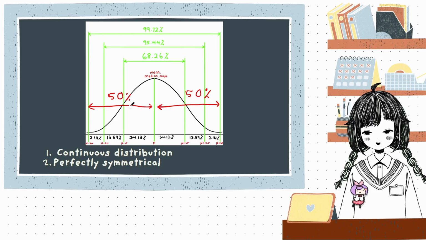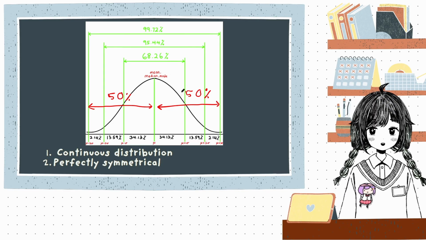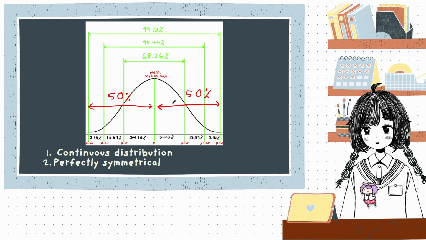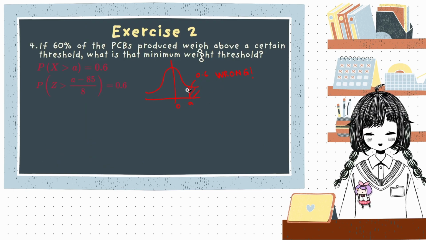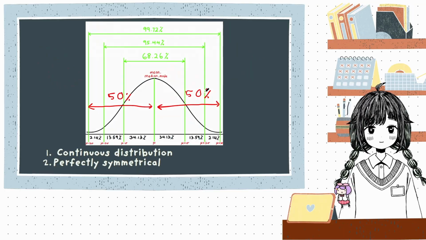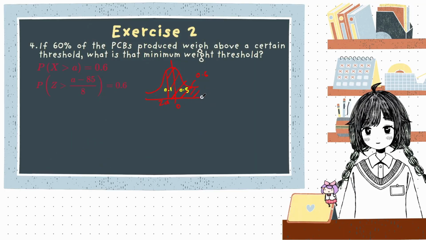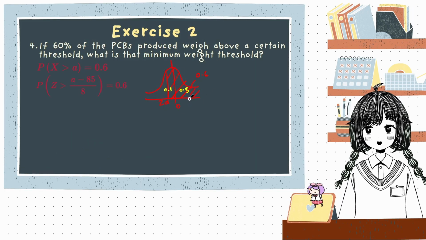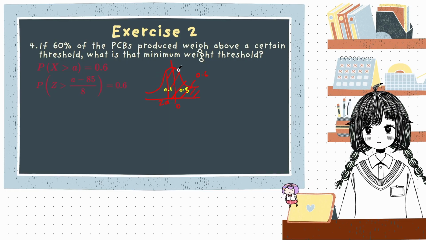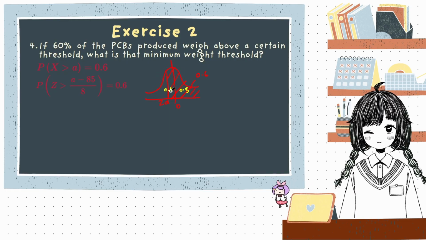Each side only makes up 50% or 0.5 probability. With that in mind, 0.6 here doesn't make sense. So the graph should look like this one. The half takes 0.5 and it continues with 0.1 on the left side.